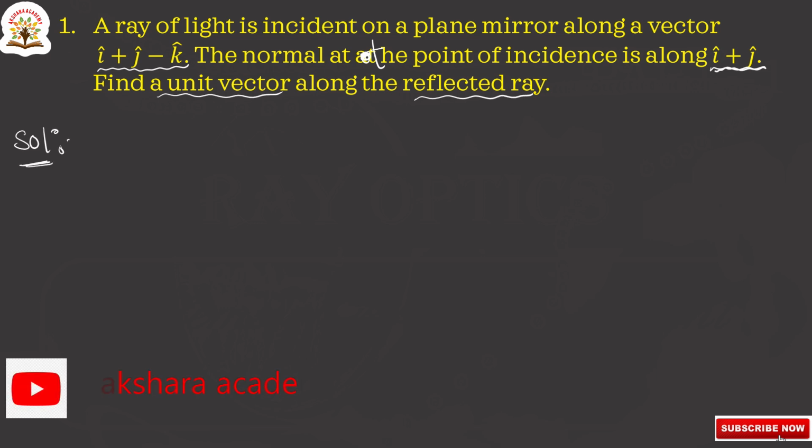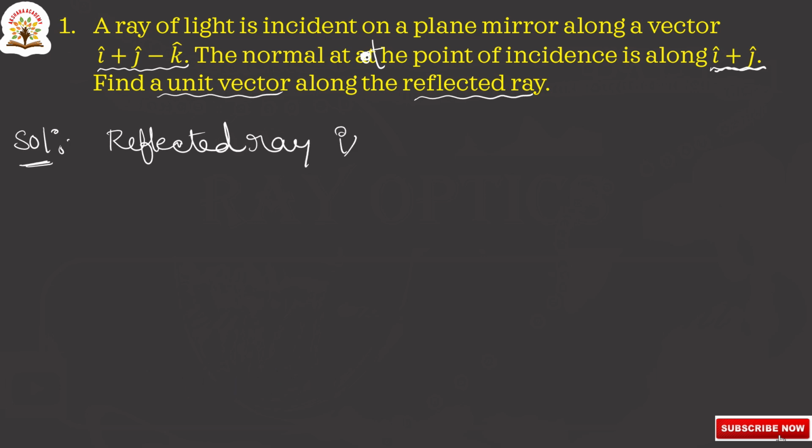Reflected ray is given by r bar is equals to minus i cap minus j cap minus k cap.